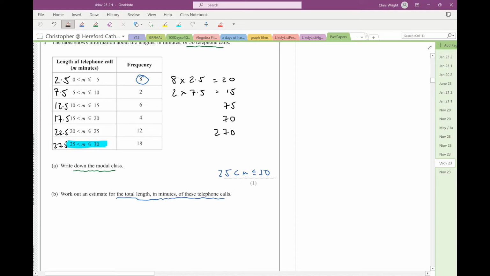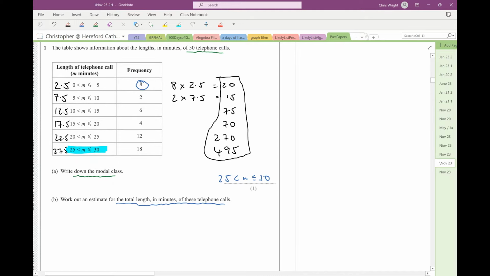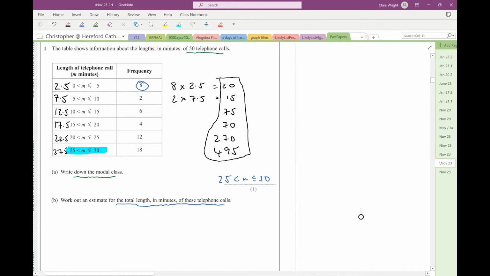And 18 calls, each one lasting 27.5, 495 minutes. So to work out the total length of all the phone calls, I'm going to add up those numbers, which is going to give me an answer of 945 minutes. And that is question 1 finished.